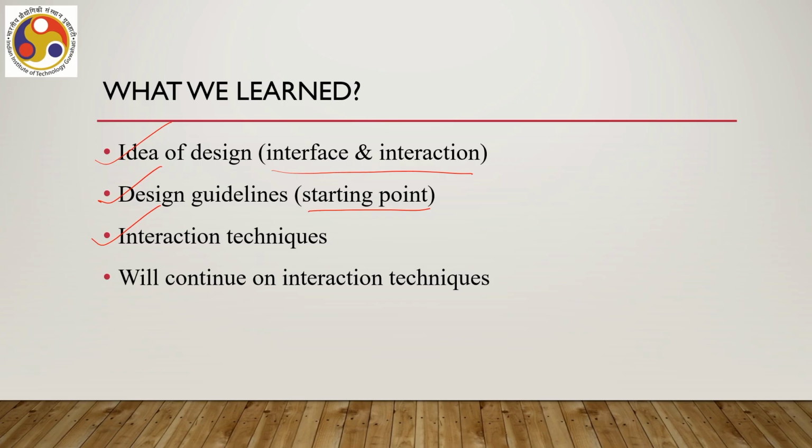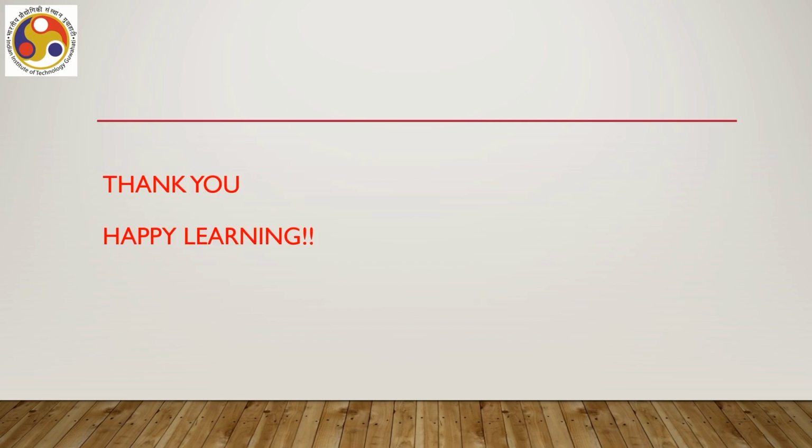More details will be covered in the subsequent part of this lecture on design. I hope I could explain the topics in an easy to understand manner, and you are able to follow the concepts. We talked about design guidelines as starting points, and Schneiderman's 8 golden rules, their applicability on extended reality systems, and also started our discussion on interaction design.